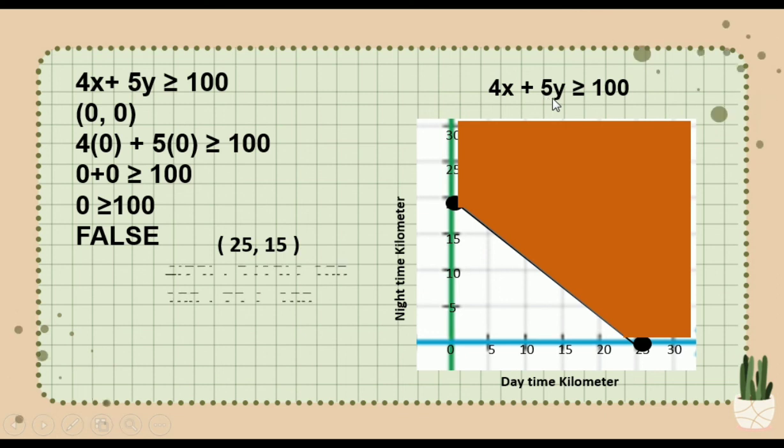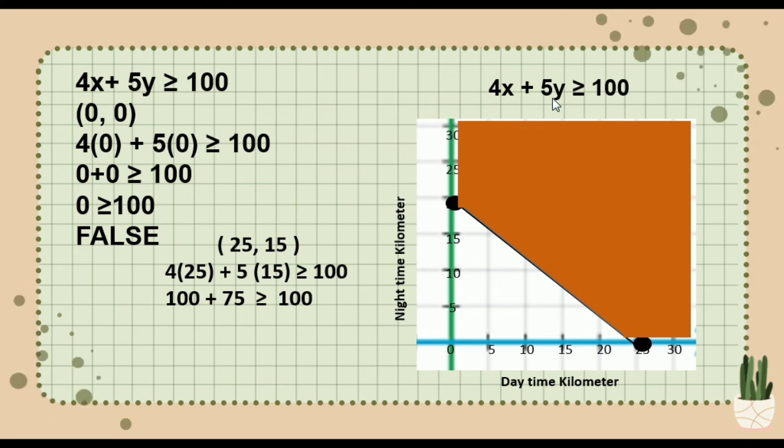So we will have now 4 times 25 because x is equal to 25, plus 5 times 15 because y is equal to 15, greater than or equal to 100. 4 times 25 is equal to 100, plus 5 times 15 is equal to 75. And if we add it up, 100 plus 75 is equal to 175.